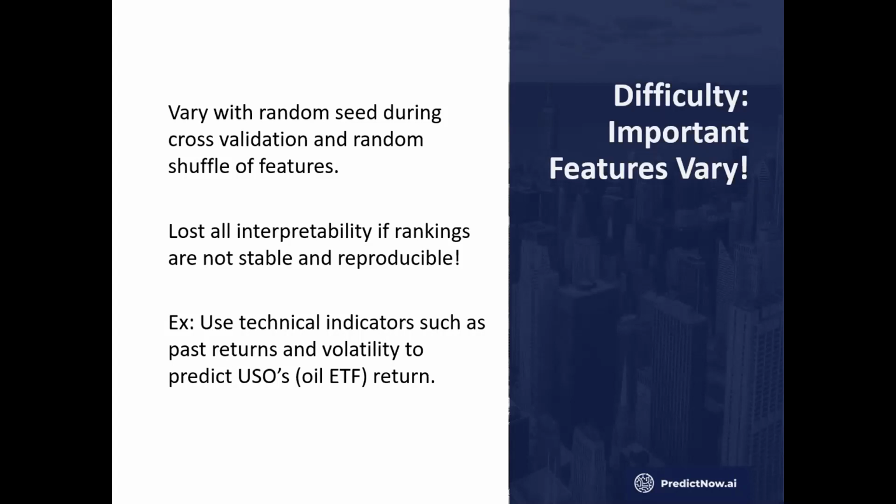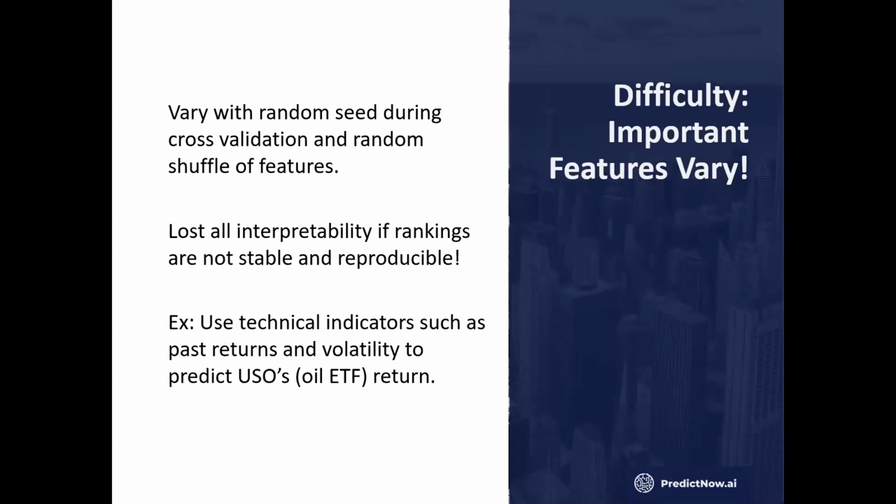Now, that is a very disappointing result to us when we first applied feature selection. We were hoping that every time we rank it, we'll get the same important feature that determines whether our strategy will be profitable. Is it going to be volatility? We are hoping that every time it will say, oh, volatility is what determines your strategy's profitability.